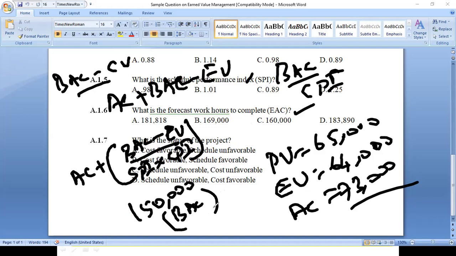Using the BAC minus CV formula, 150 minus 8K will come, so it will be 158K. 150 or 160? 160, no BAC, sorry, 160. In that case, 168. 169, right?